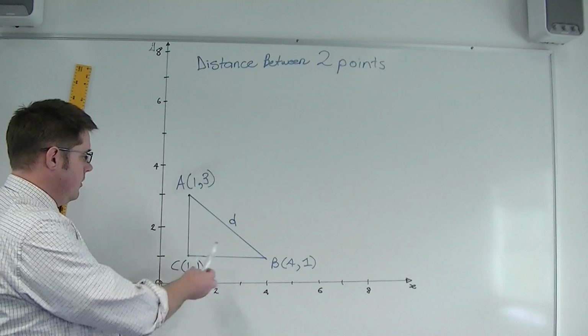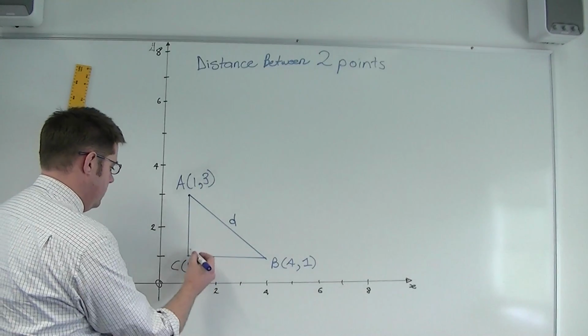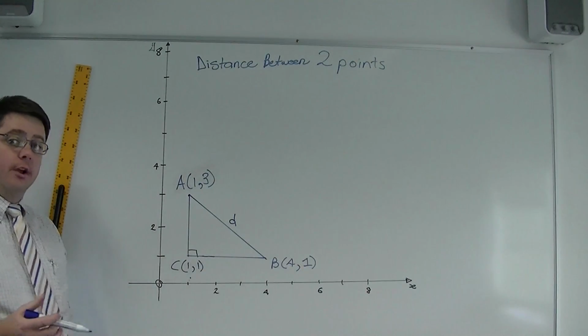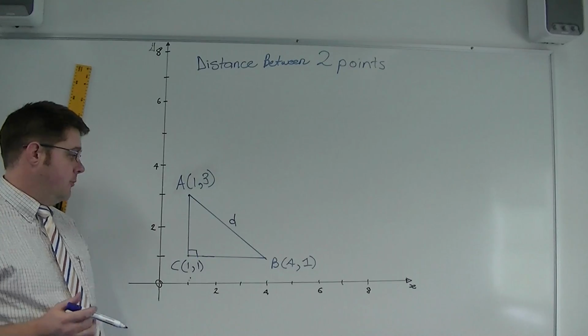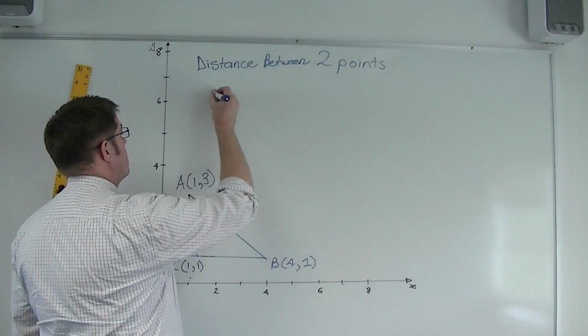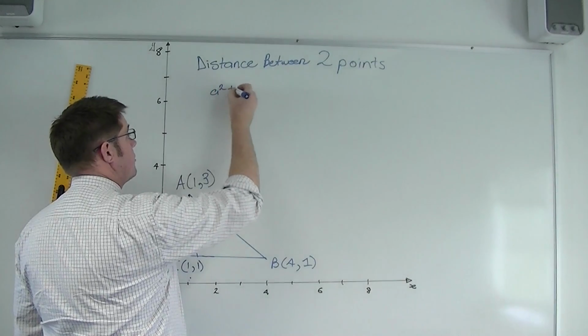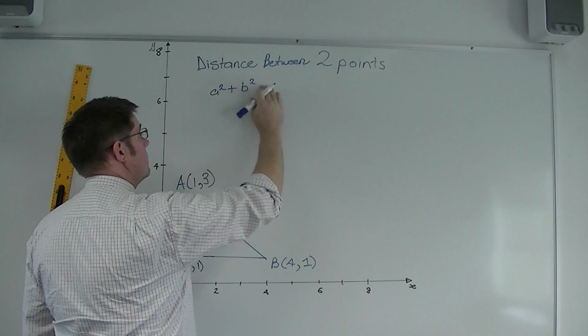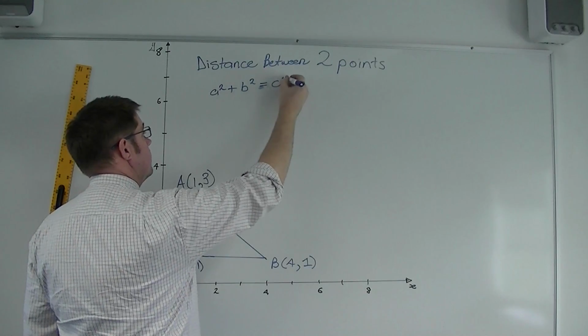Now, as you can see, hopefully, what I've drawn here, if I connect all these points, is a right angled triangle. So if we go back through and remember from Pythagoras, for a right angled triangle, a squared plus b squared equals c squared.